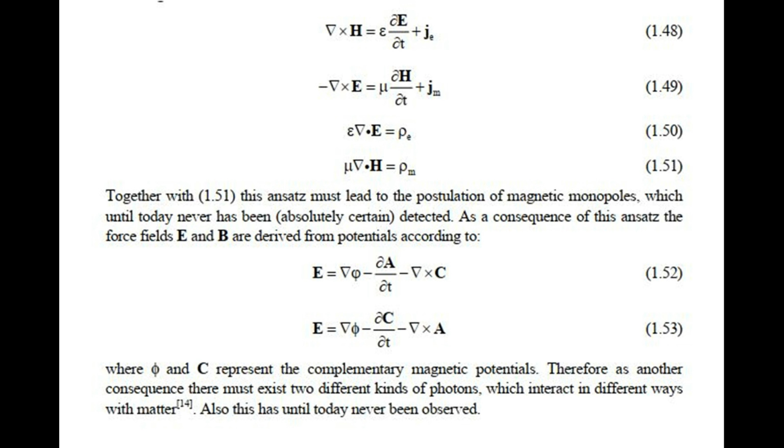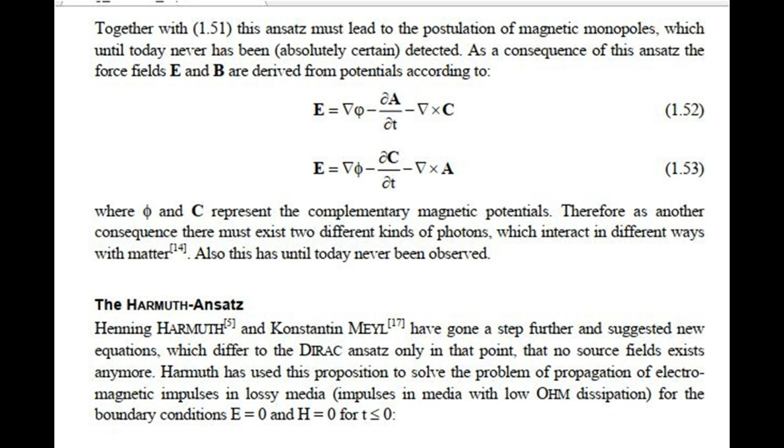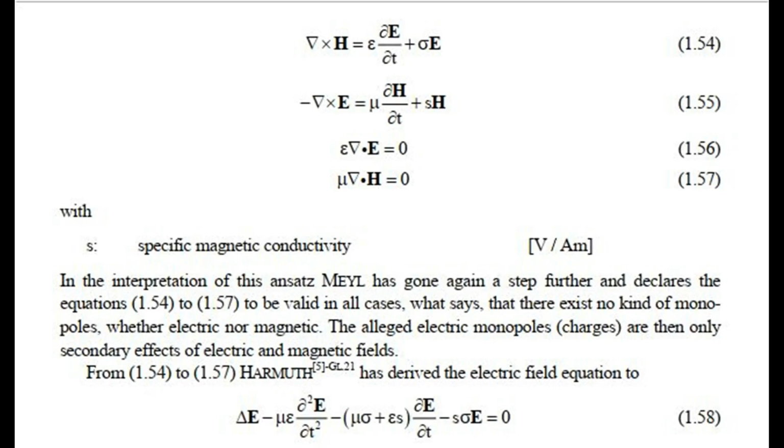The Harmuth ansatz. Henning Harmuth and Konstantin Meyl have gone a step further and suggested new equations, which differ from the Dirac ansatz only in that no source fields exist anymore. Harmuth has used this proposition to solve the problem of propagation of electromagnetic impulses in lossy media, impulses in media with low ohmic dissipation, for the boundary conditions E equals 0 and H equals 0 for t approaching 0, with S, specific magnetic conductivity, volts divided by ampere meters.